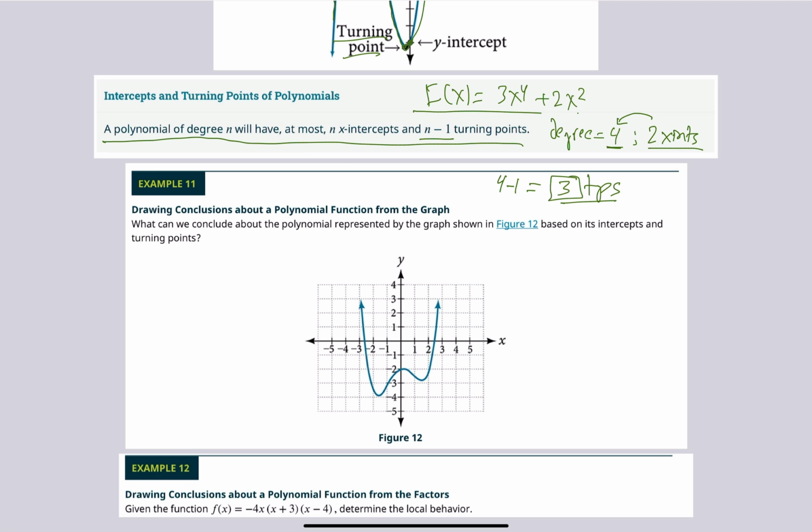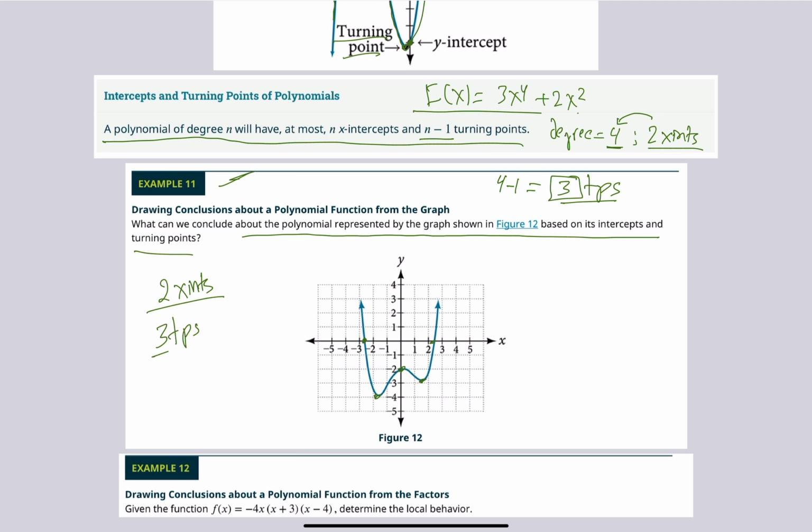Now let's have a look at example number 11 and understand this a bit more. What can we conclude about the polynomial presented by the graph shown based on its intercepts and turning points? Well, it has 2 x-intercepts, and it has 1, 2, 3 turning points.